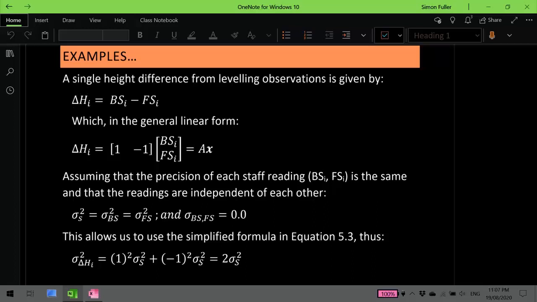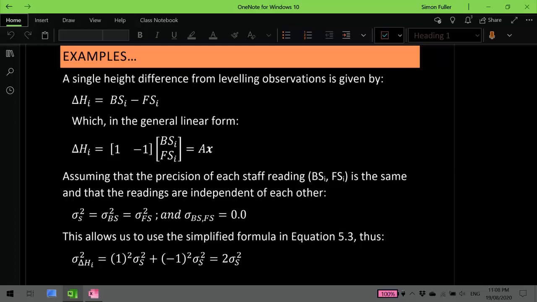And we know that that height difference is calculated from a reading to a staff. That's our backside measurement. And then we also read a foresight measurement. And we know that the difference in height is the backside minus the foresight. So if we are to break this down into a linear relationship based on what we saw in the previous video and equation 5.3, we need to get this in a matrix form here.